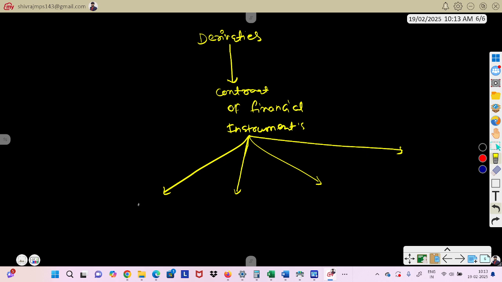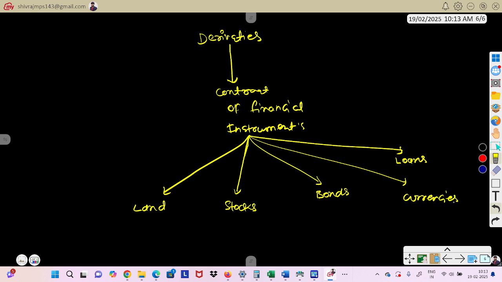For example, land. That could be your instrument, right? Open land or commercial land, agricultural land. Then stocks, bonds, loans, currencies. That all comes under basically an instrument.